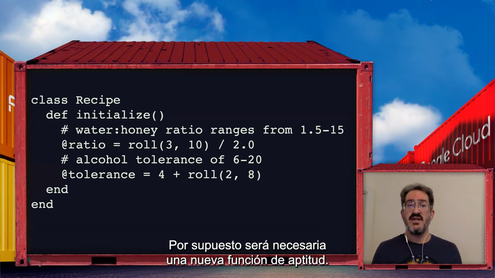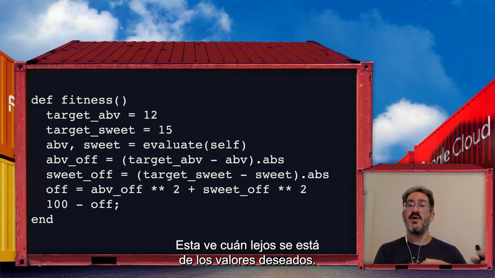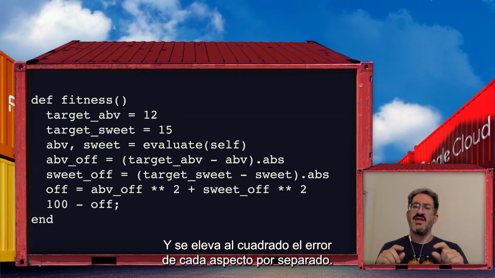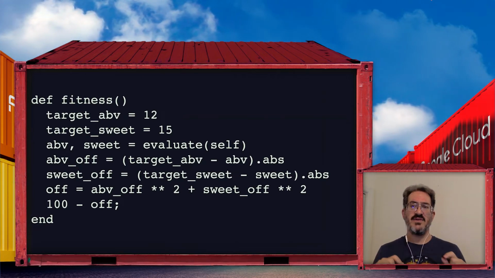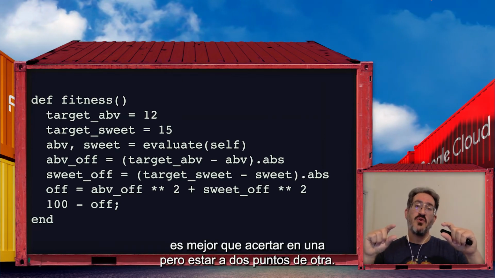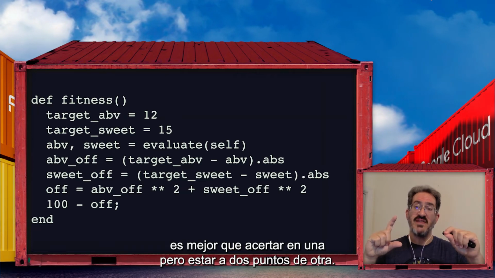Of course, we'll need a new fitness function. This one looks at how far off we are from our desired target values, and we square the error in each aspect separately so that something that's, say, 1 point off in each will score better than something that's spot on in one but 2 points off in the other.